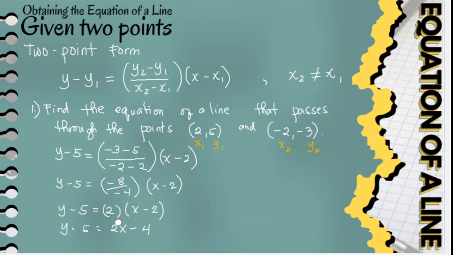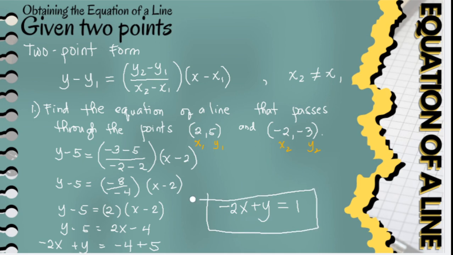And then using addition property of equality, this will be negative 2x plus y is equal to negative 4, and then yung negative 5 natin, magpa-plus tayo ng 5, di ba? So our final answer is negative 2x plus y is equal to negative 4 plus 5 is 1. And this is our answer.